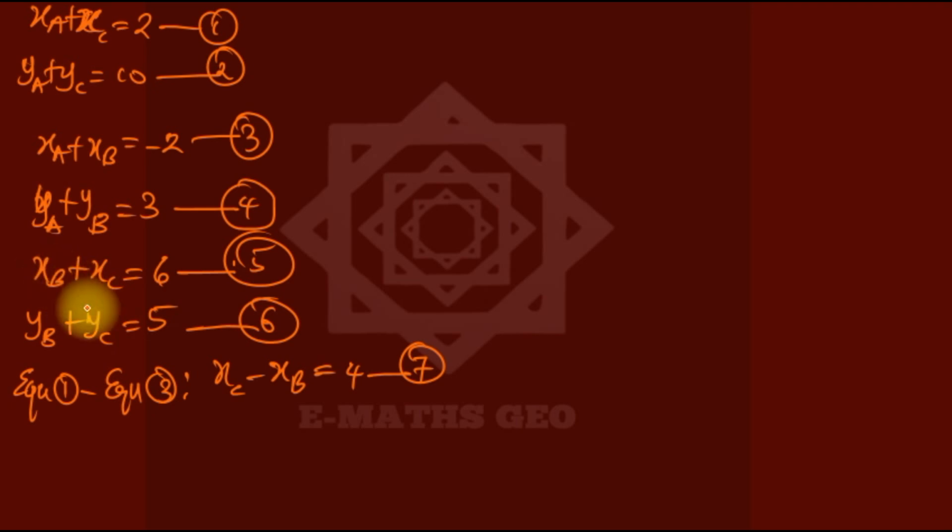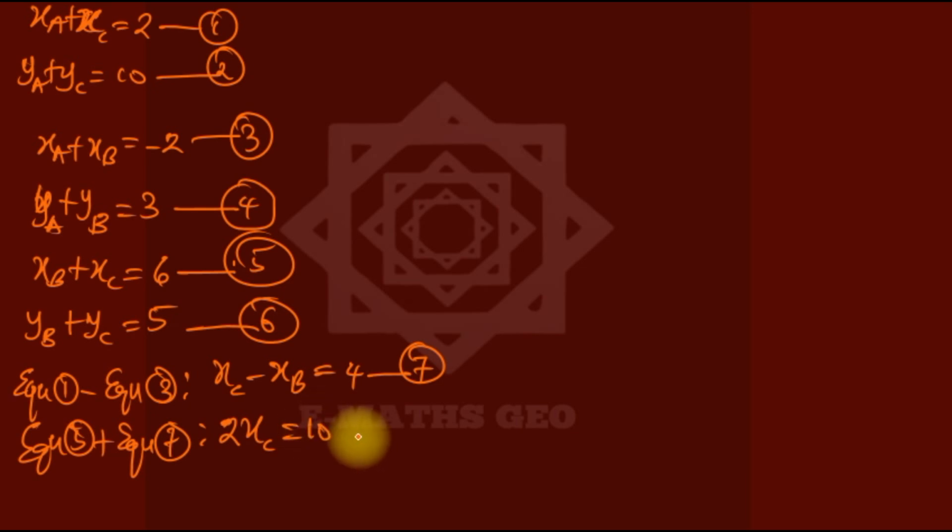How do you do it? We can eliminate XB by addition. So let's do equation 5 plus equation 7. XB plus minus XB is 0, XC plus XC is 2XC, 6 plus 4 is 10. So what do you notice? XC is 5. Therefore, from equation 7, we can get XB.